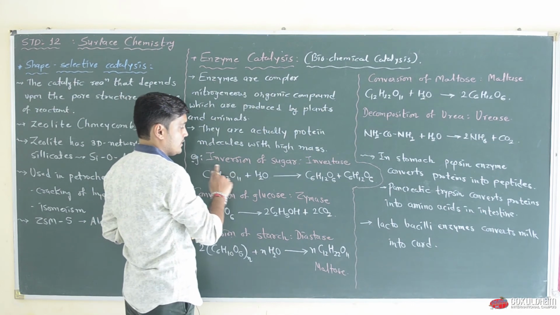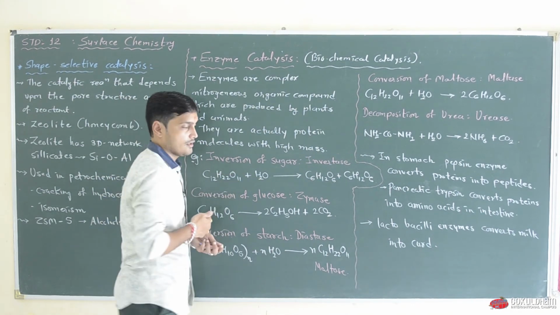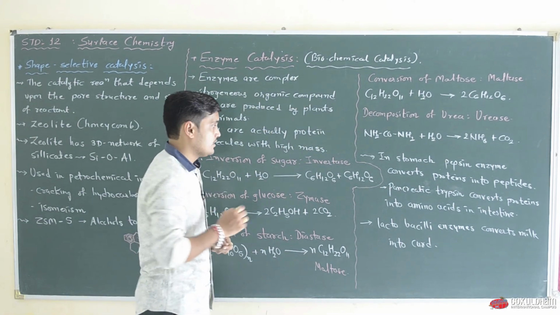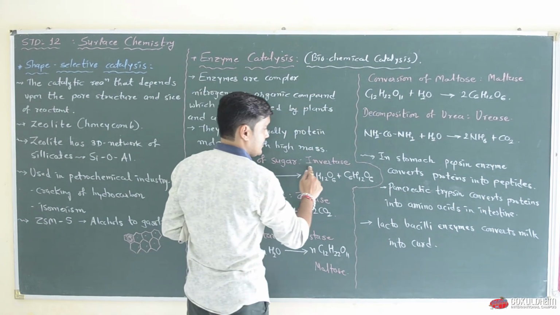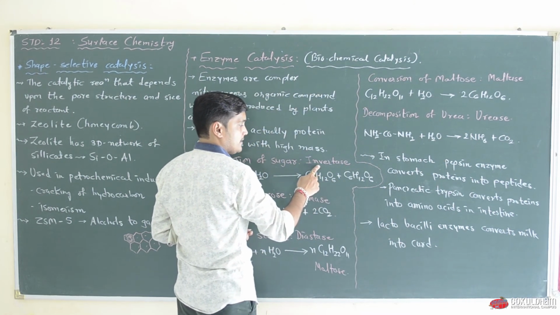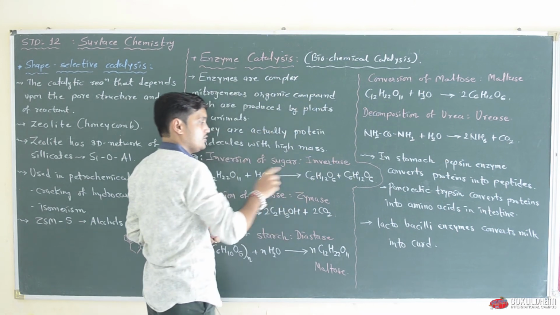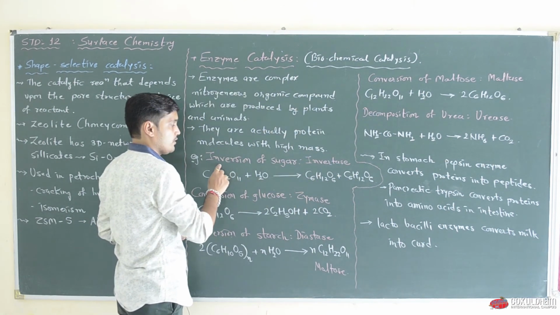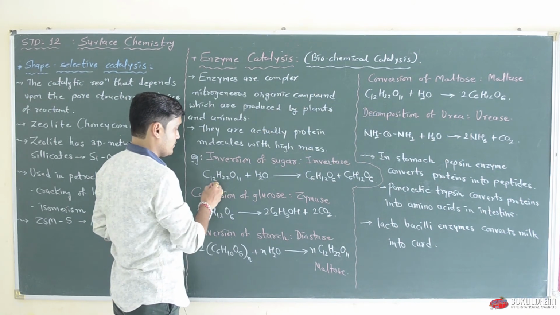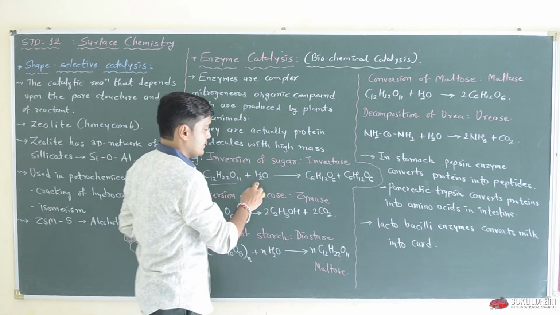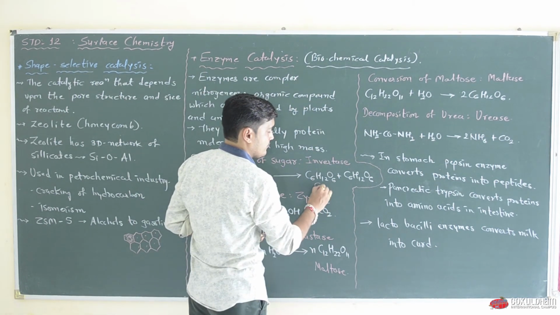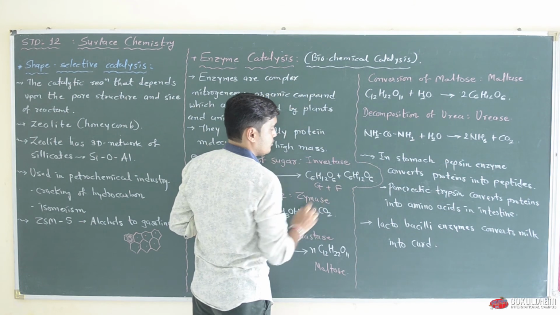we want to invert sugar into a glucose and fructose mixture. So at that time the enzyme used is invertase. The name of the enzyme is invertase, which is used in the specific process of inversion of sugar. And when you convert this sugar by the hydrolysis process, we get the mixture of glucose plus fructose.